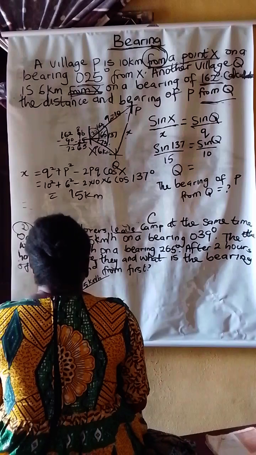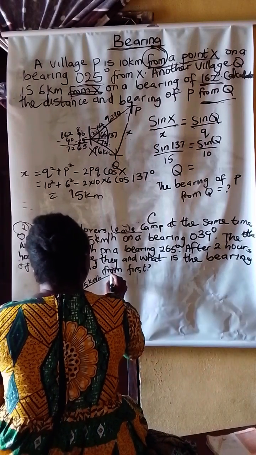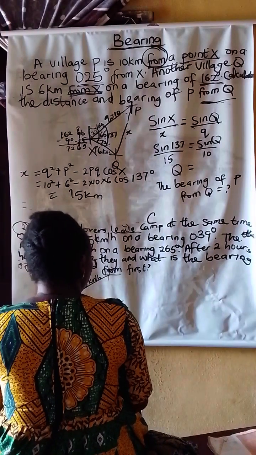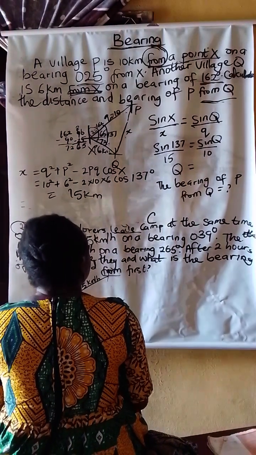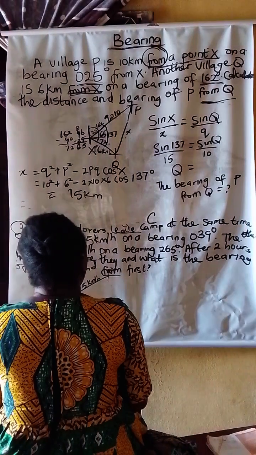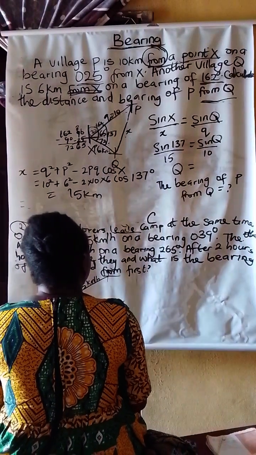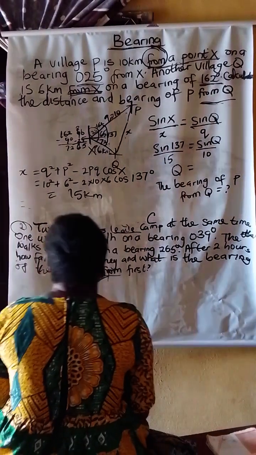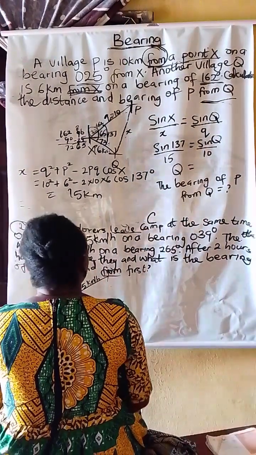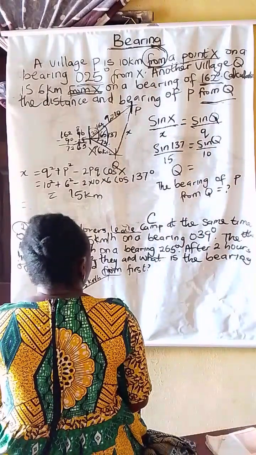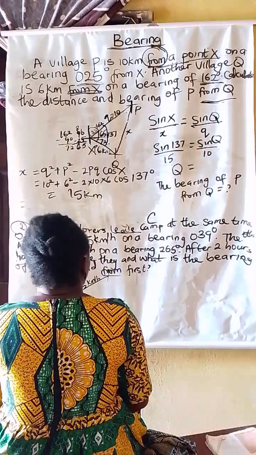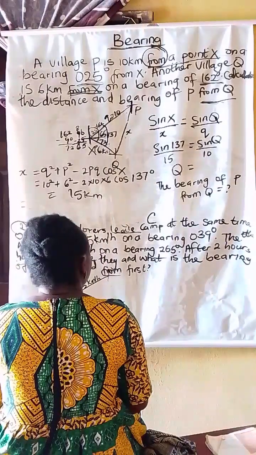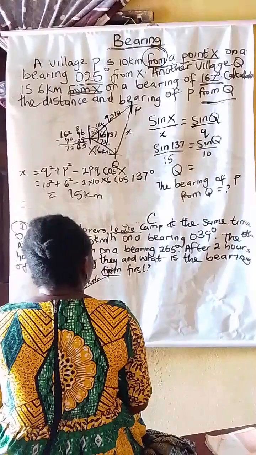The other walks at 7.5 kilometers per hour on a bearing of 265.